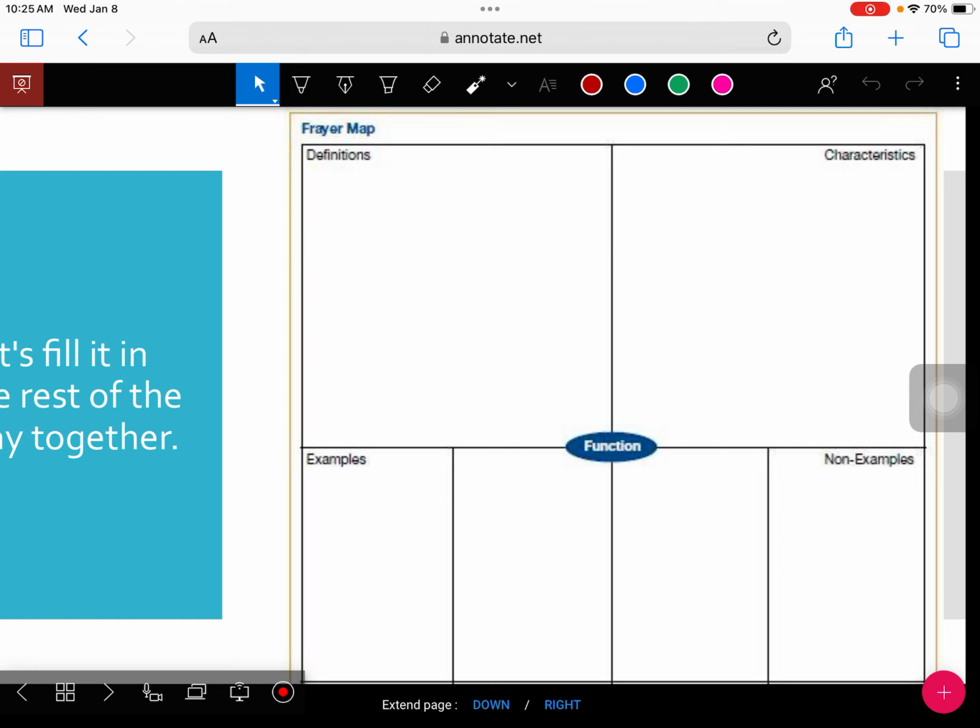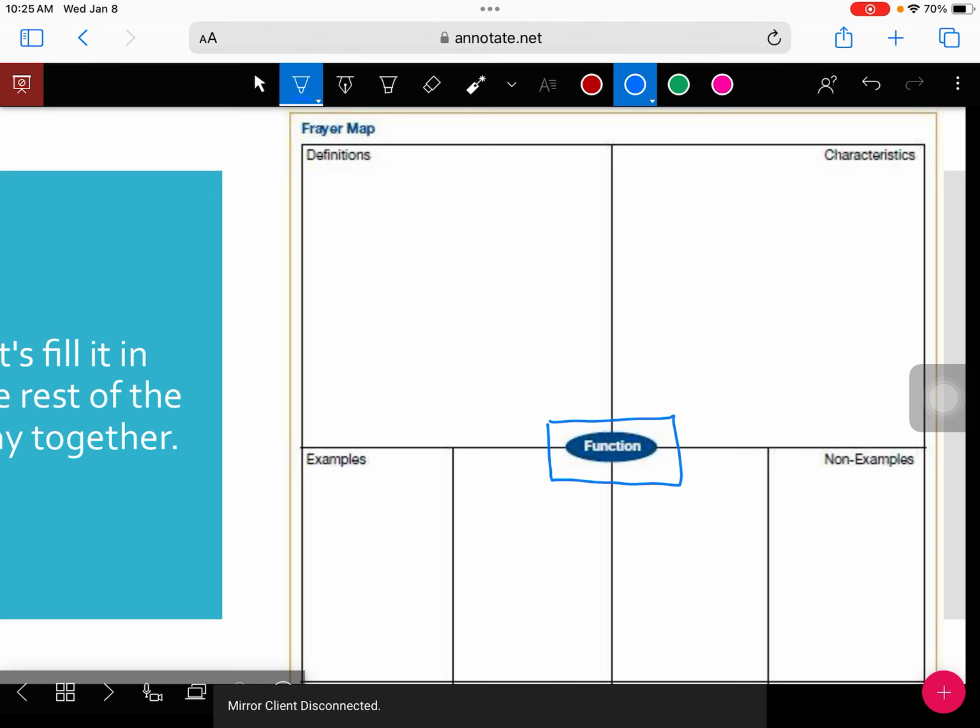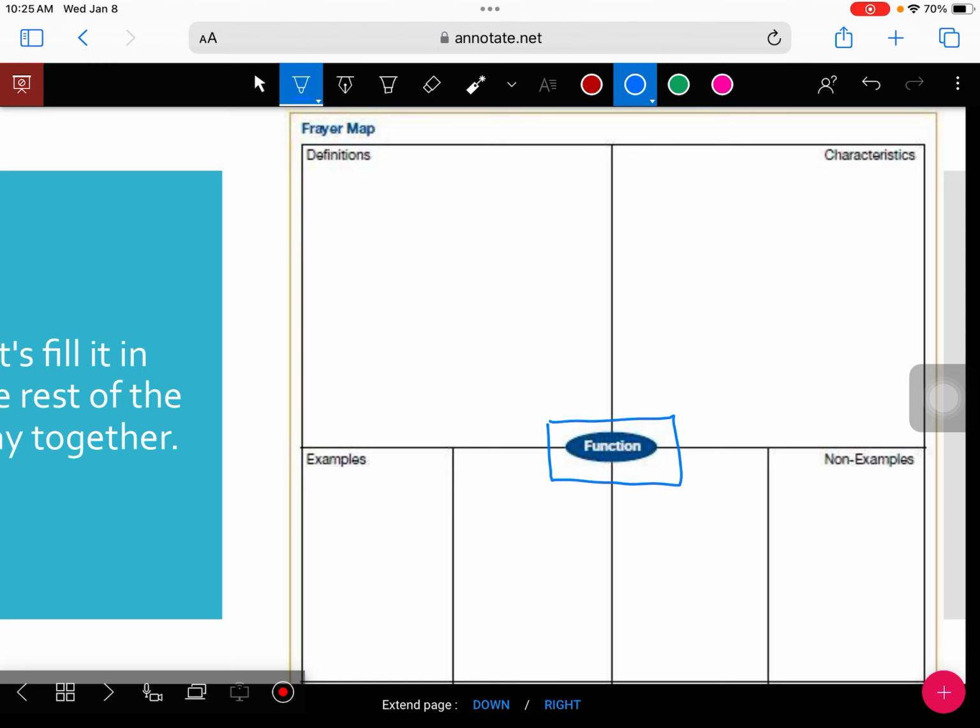Page 3. The word is function. That is what this whole module is about. Okay? Function. I want you to take 5 minutes, no more than 5 minutes.